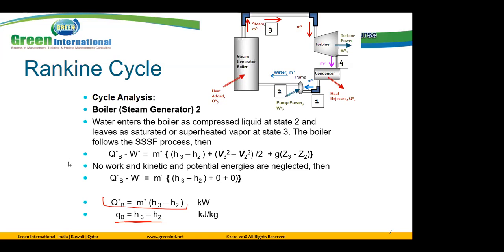Here, the difference between these two: this one is multiplied by m dot, the mass flow rate, and in this case the unit is kilowatt. But the other one is called specific, kilojoule per kilogram, per each mass. For example, this is specific heat, and the previous slide is specific work, and so on.